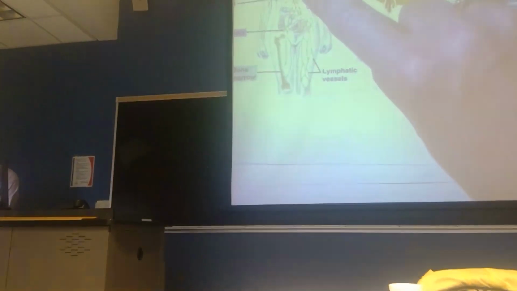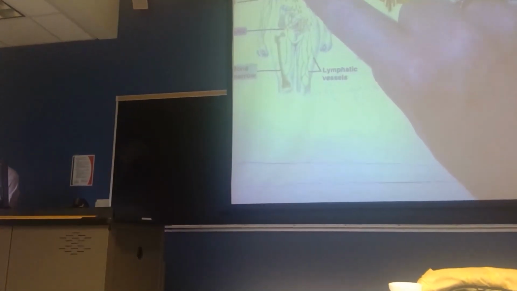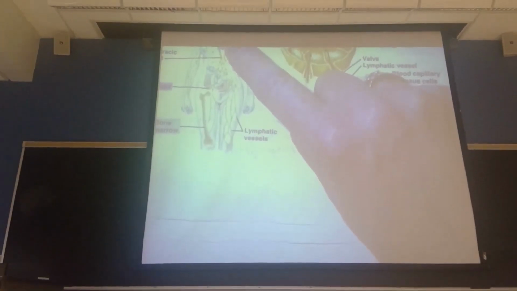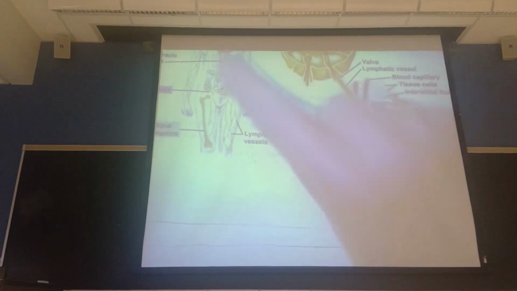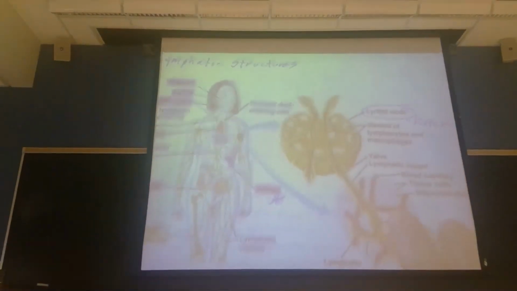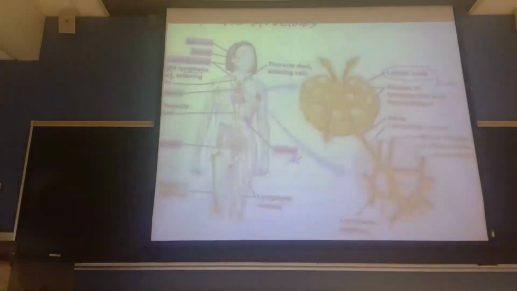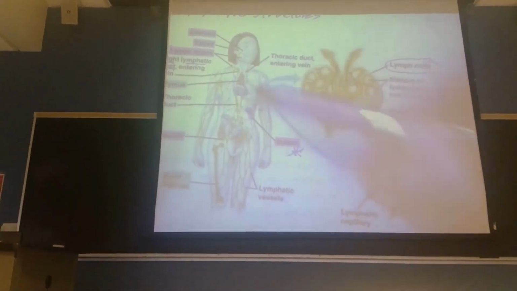The thymus is a lymphatic gland that sits on top of the heart. The thing about the thymus is that it gets smaller with age.